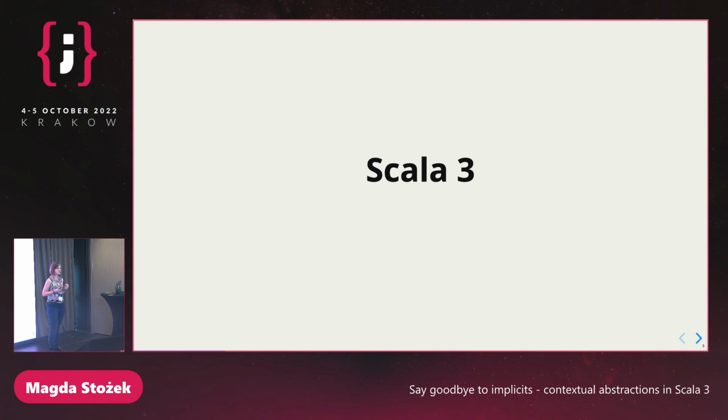And it was fixed to the point where the implicit keyword is just gone from the language. It doesn't exist there at all. What we get instead is a couple of new language constructs which have the important feature of doing one thing and doing it well.